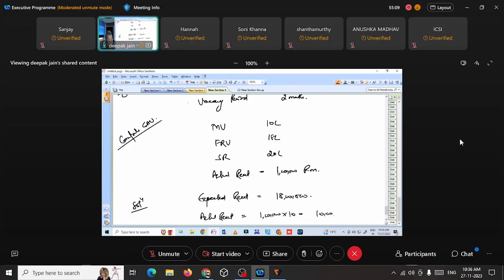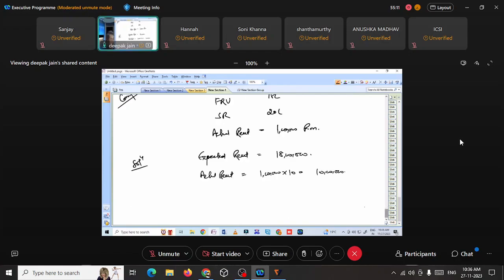Now actual rent is less than expected rent. You have to find out whether the reason of reduction is vacancy. So how would we come to know whether the reason is vacancy or other than vacancy? Had this property been let out for the whole year, what rent can it earn, beta? 12 lakh.